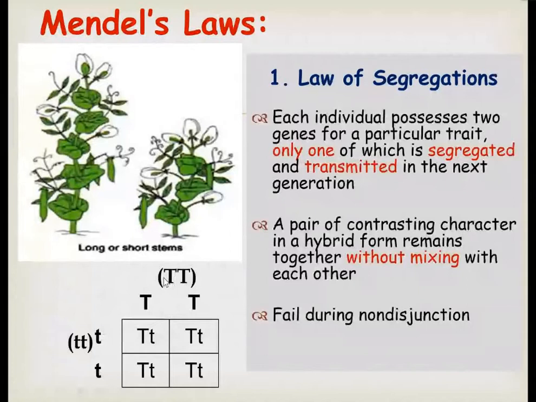That means their offspring will receive 1 gene from the father, 1 gene from the mother, or 1 from one parent, 1 from another parent. So that is known as the law of segregation or the law of separation. Only one gene goes from each parent. So this is known as the law of segregation.